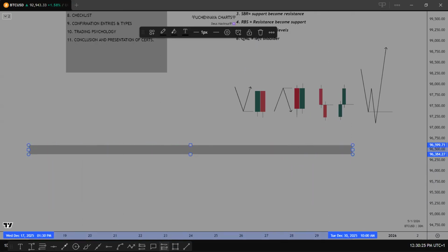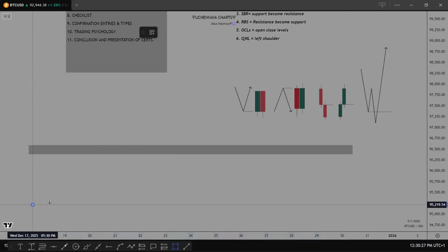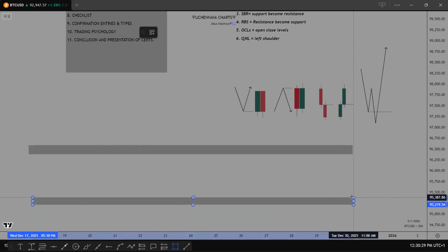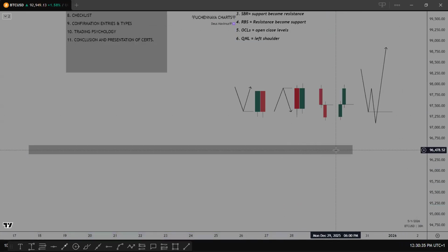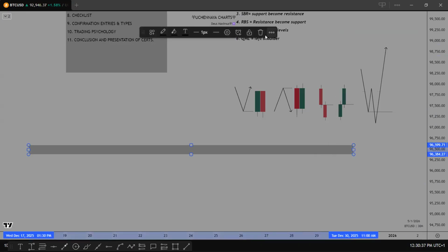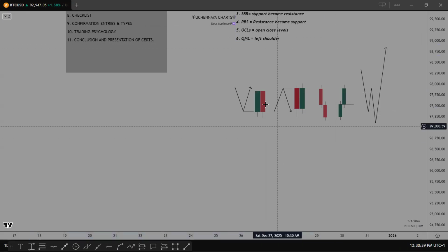When people come on their chart and mark zones like this and stuff, no, that's not the kind of support and resistance we trade. We trade basically just two candlesticks. This is a typical example of Malaysian support and resistance, or these are typical examples of Malaysian support and resistance.